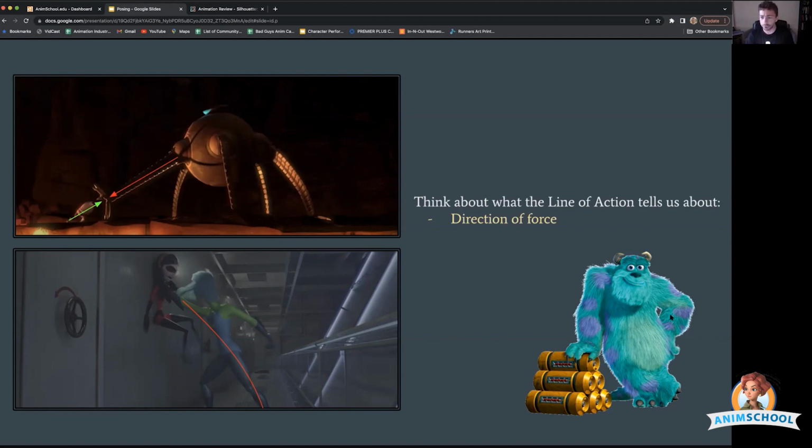And then I wanted to throw this image of Sully in there. This is a much simpler pose, because all the same principles apply here. So in this pose, he's leaning up against this pile of canisters, and his weight is almost fully supported by these canisters, and he's pushing down on the canisters.